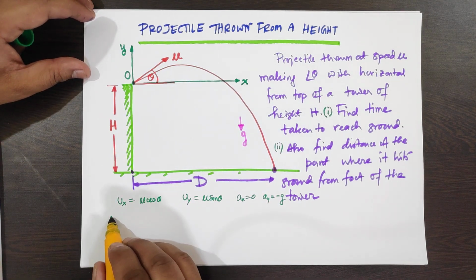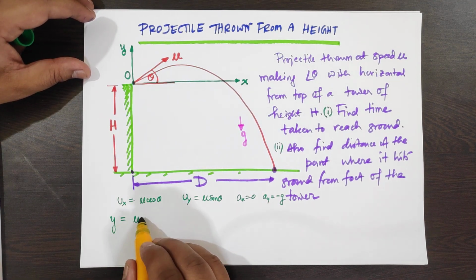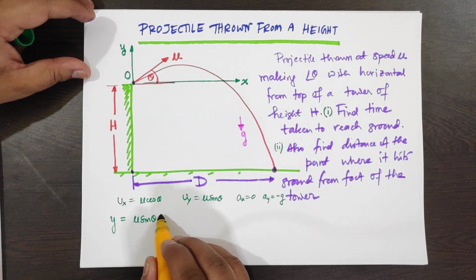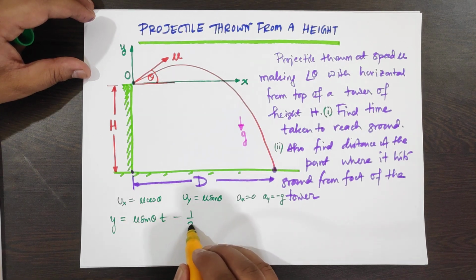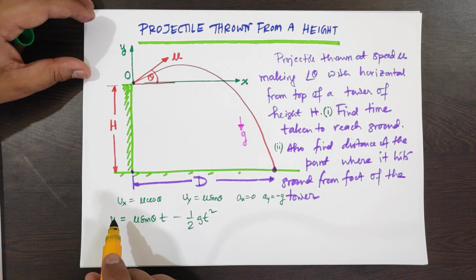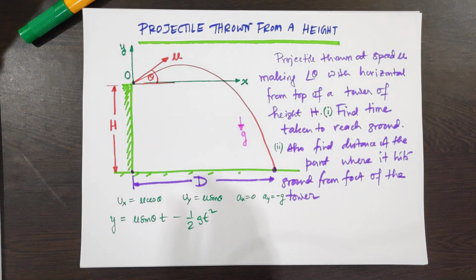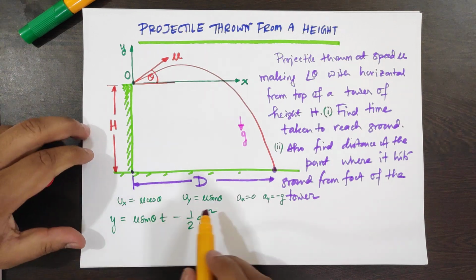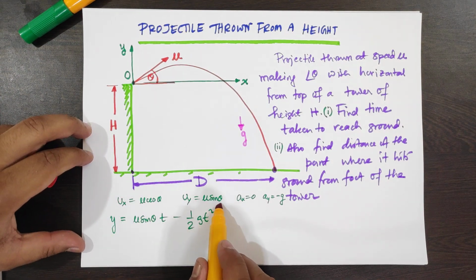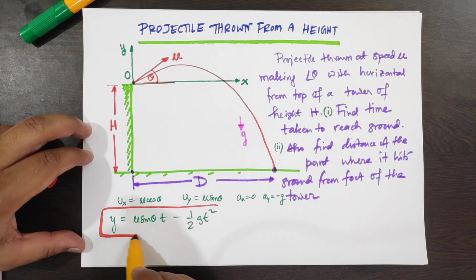So I'll go for y equal to u sin theta t minus half gt square. So we will use this equation here. This is suitable for this case. To find out time, you will have to solve a quadratic for time.